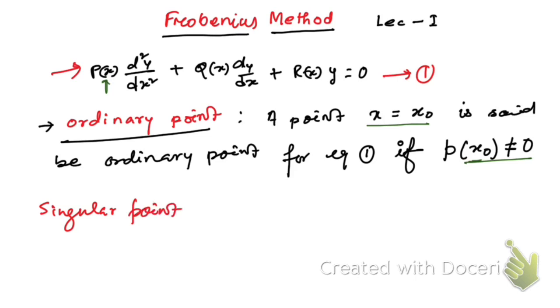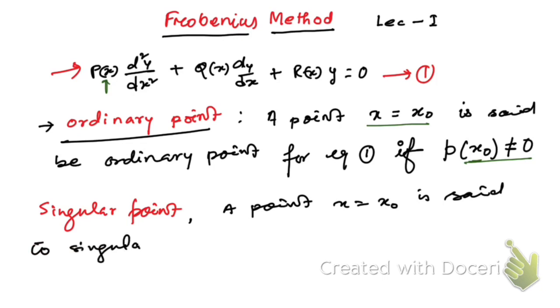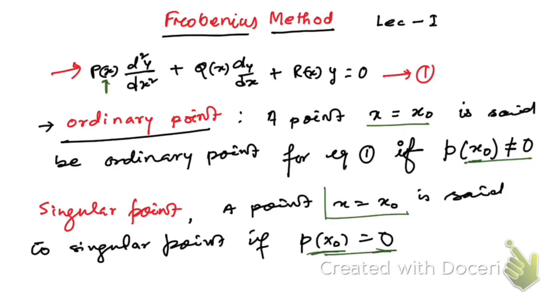Here you see, a point x equal to x naught is said to be a singular point if p of x naught is equal to 0. So if this p of x naught is equal to 0, then this point is said to be a singular point.